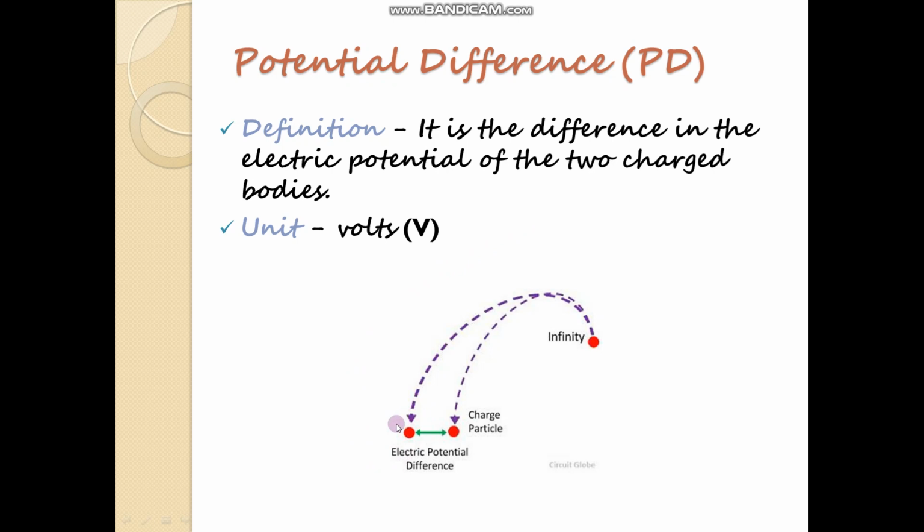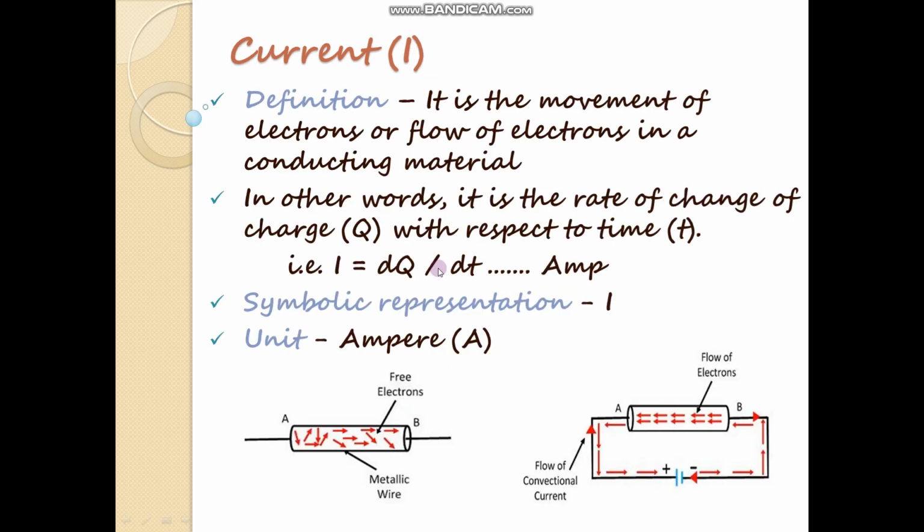Suppose this is one electric charge and this is the second electric charge. The first one has a potential of 5 volts and the second one has 2 volts. So what's the difference? 5 minus 2 is equal to 3. So here the potential difference is 3 volts, and the unit is volt.